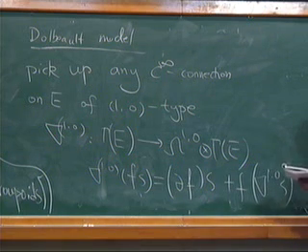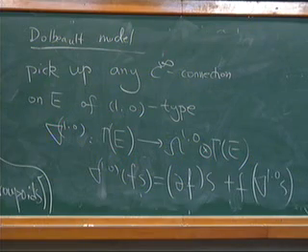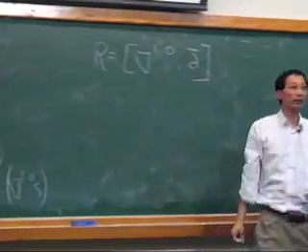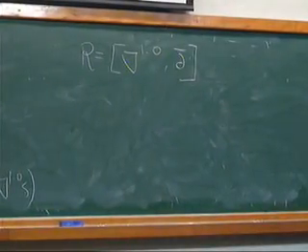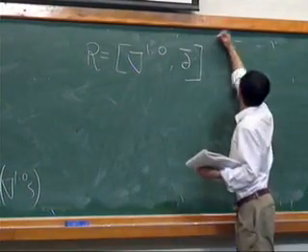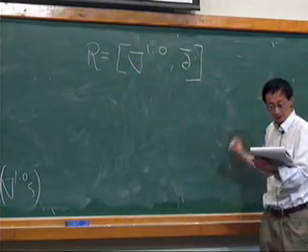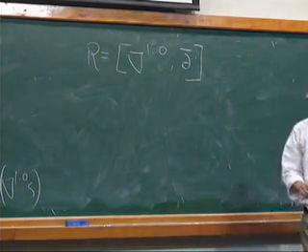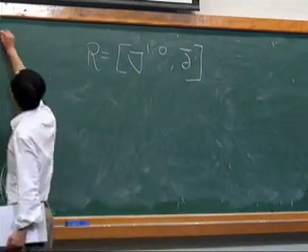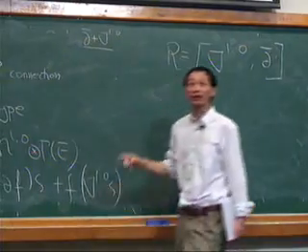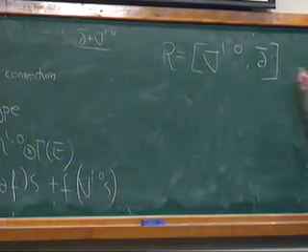And I take the commutator with this d bar operator. Another way of thinking of this is that you want partial bar plus a 1,0 connection, and this is just the 1,1 part of the curvature.